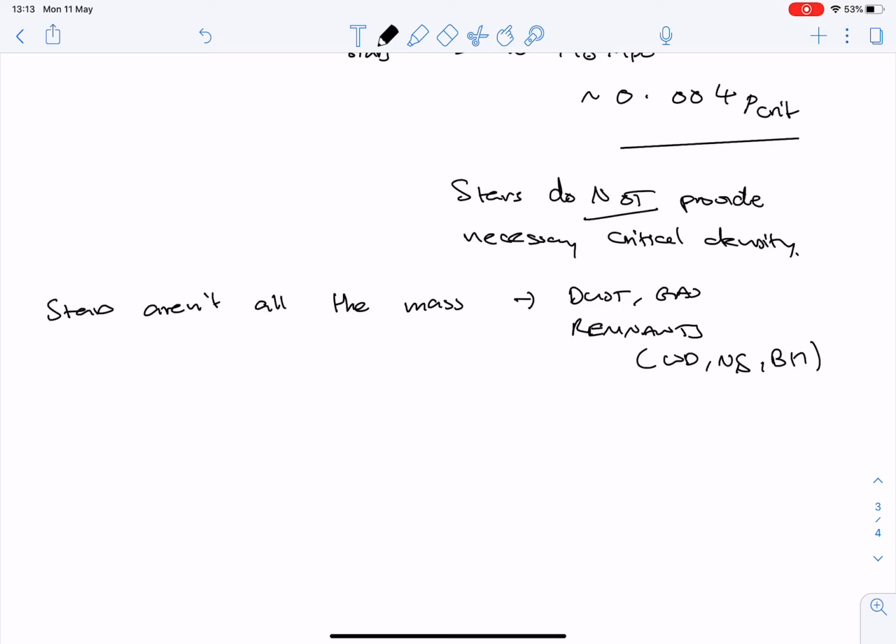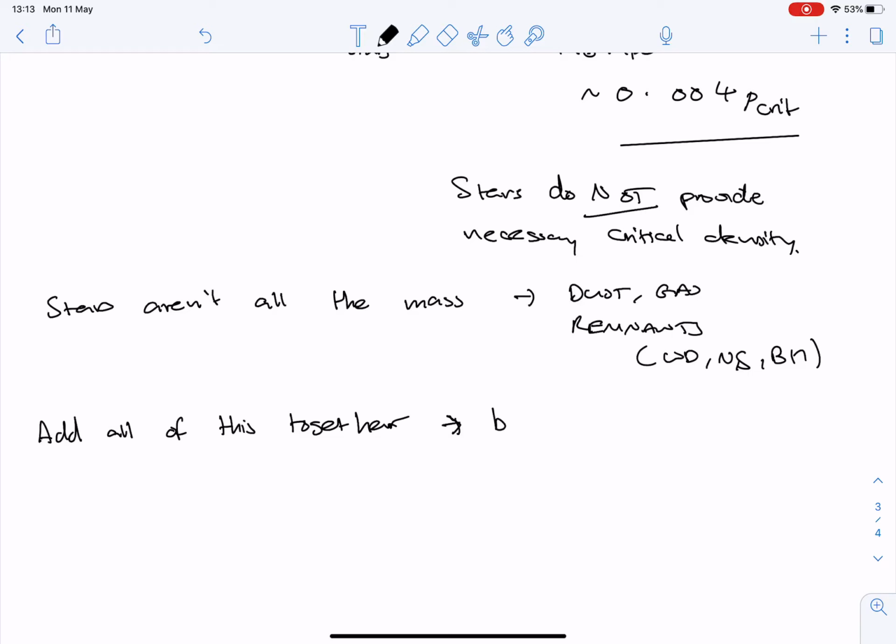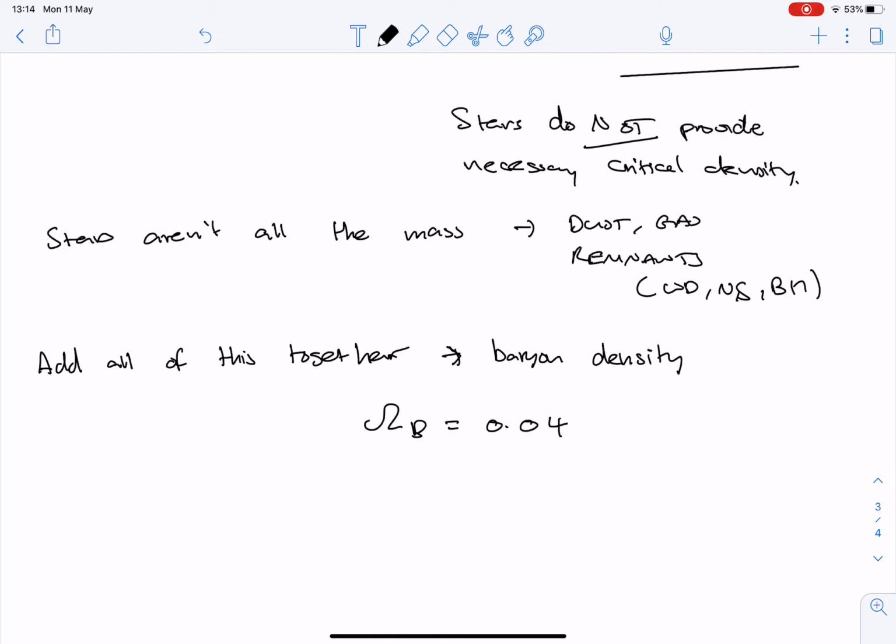If you add all of that together, there are various ways you can do that that I won't go into, you can get what's called the baryon density. That's omega B, and that's equal to 0.04. So still, all the baryonic matter, all the stuff that you can see, all the stuff that's made up of matter that's familiar, is only about 4% of the critical density.